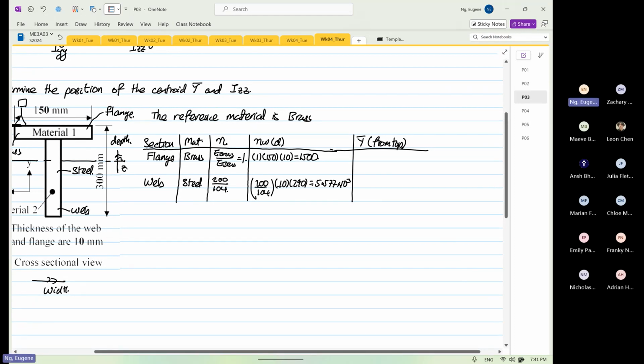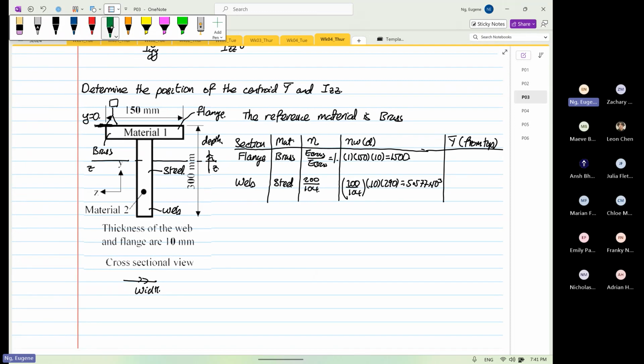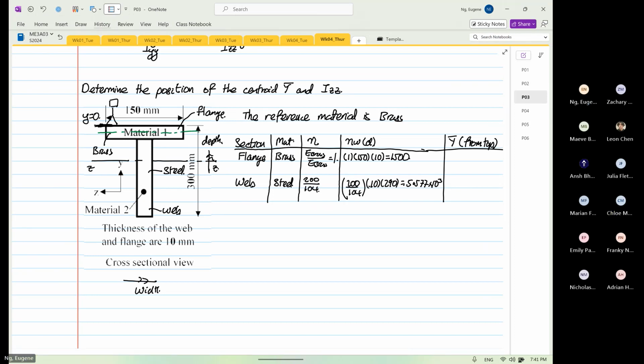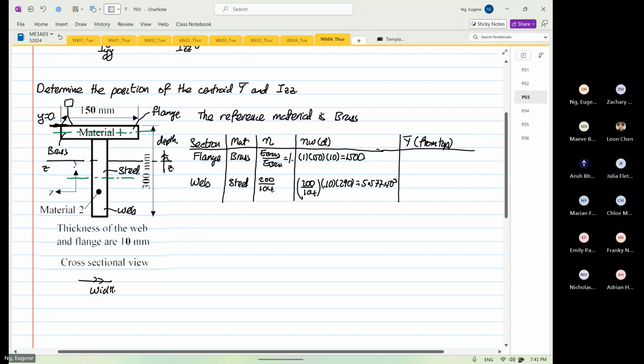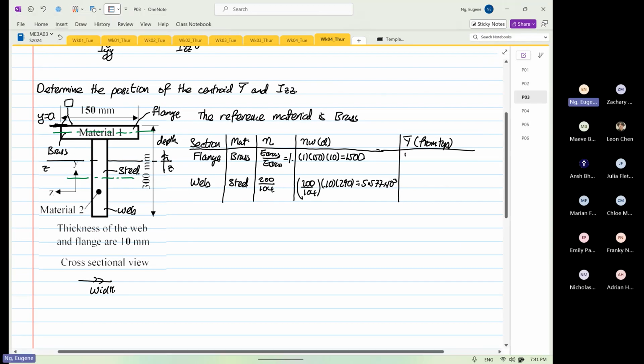So the individual centroid is here for the flange, and over here for the web. The first one is 10 divided by 2, which is 5.